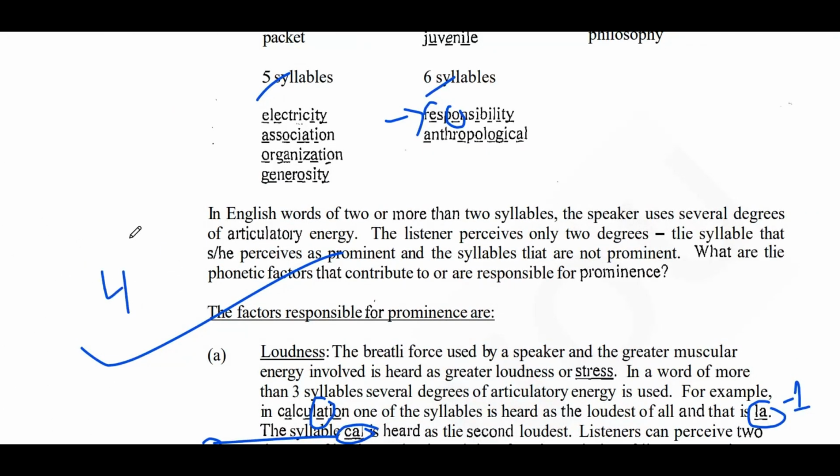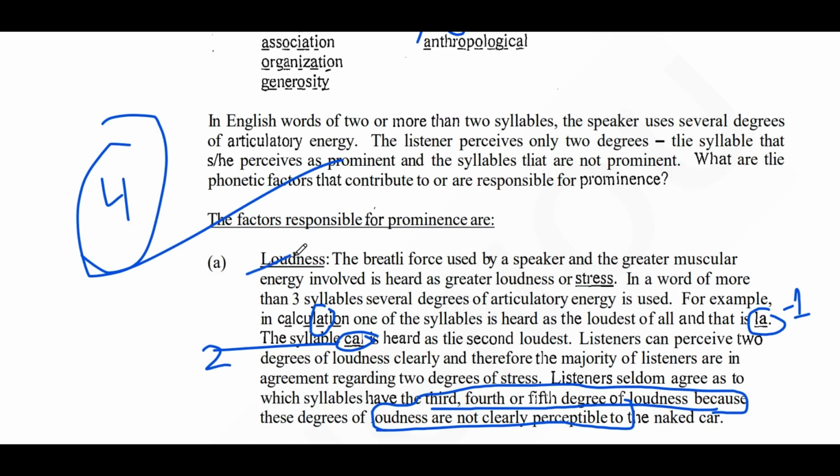These four factors are responsible for which is the more prominent part in a word when it is pronounced. So the first one definitely is loudness. We stress on a certain part of a word, and then that becomes the louder one, or the one you hear more.